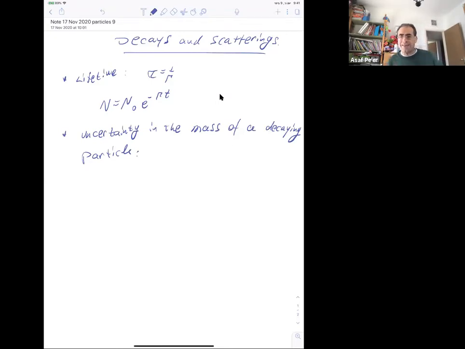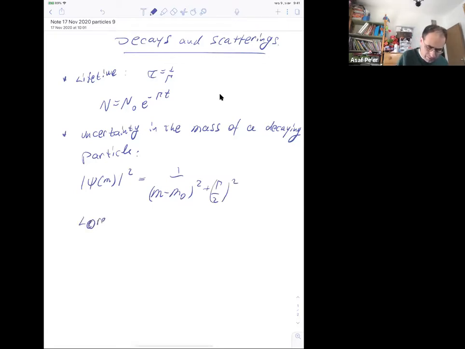This is something which is internal to the particle, right? It's not something because of the measurement. Psi of m squared is 1 over (m minus m0) squared plus (gamma over 2) squared. This is the Lorentzian, or Breit-Wigner.